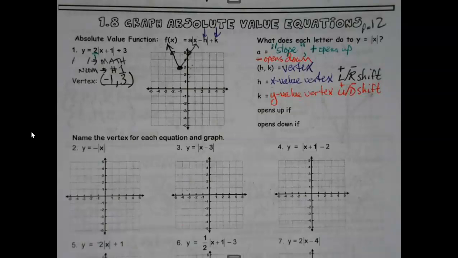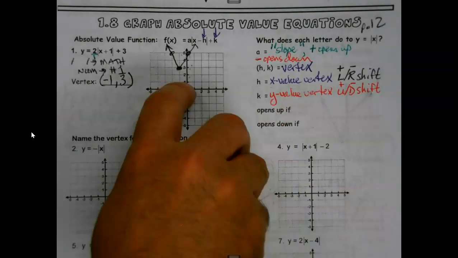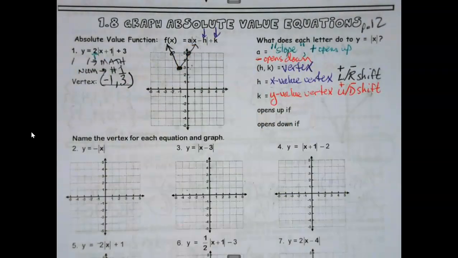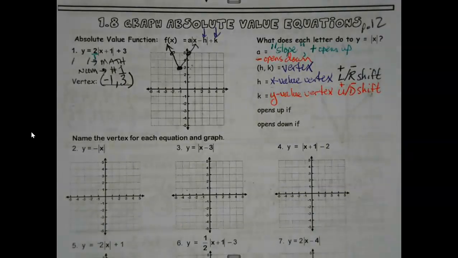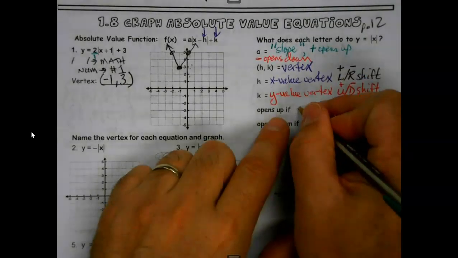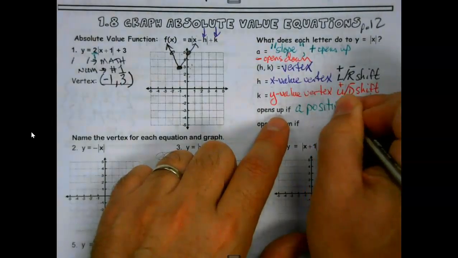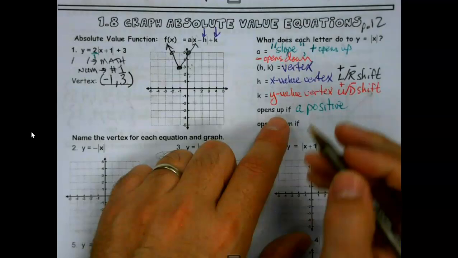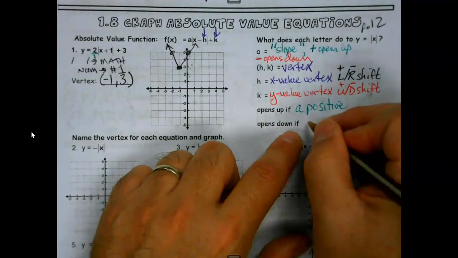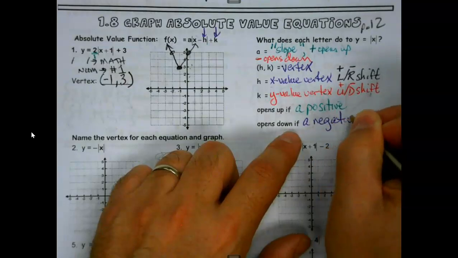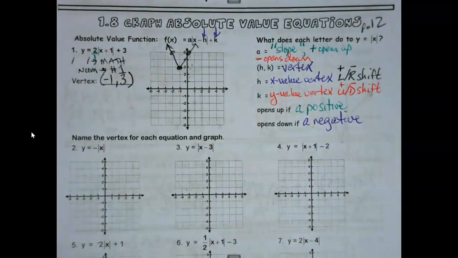We have lots of options. So origin to there, and then A, my little slope, will tell me where to put my other points if I need them. And so again, it opens up if A is positive, even though we mentioned that up above. Opens down if my A value is negative.